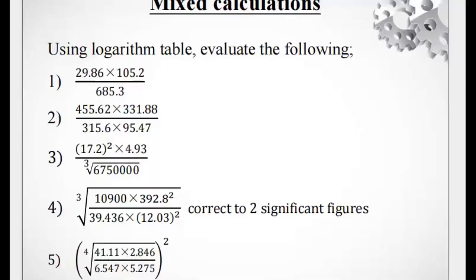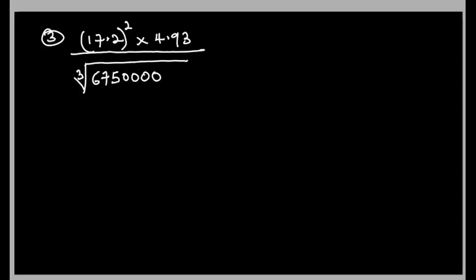Now let's look at the third question. So we have 17.2 all squared times what you're seeing there. Let's do our setup. Start by writing the number and the logarithm form of these numbers.